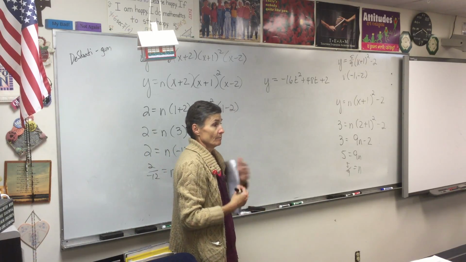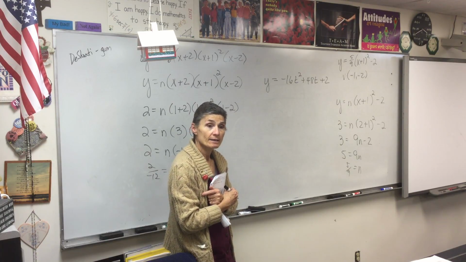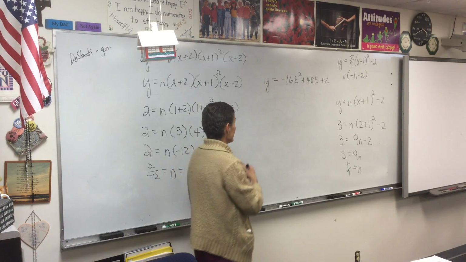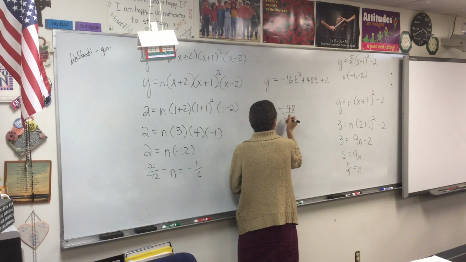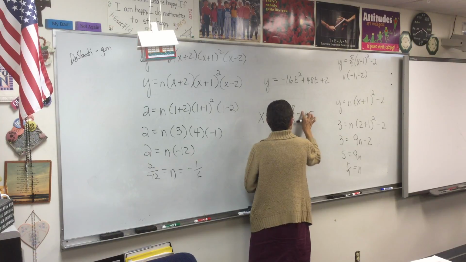Well, we've done 4 of those already today. What's the shortcut? How do you find the vertex without going through all that arithmetic? Negative b over 2a.